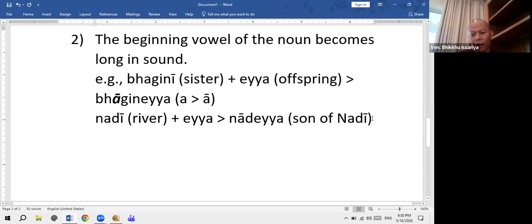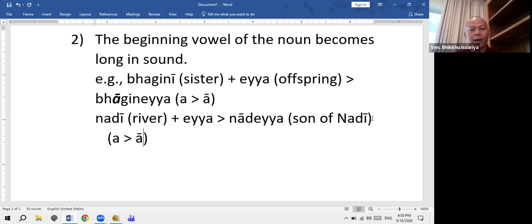So now briefly, based on the type of vowel, if I becomes long I, if E becomes A, and if U becomes long, it becomes O, in this way.